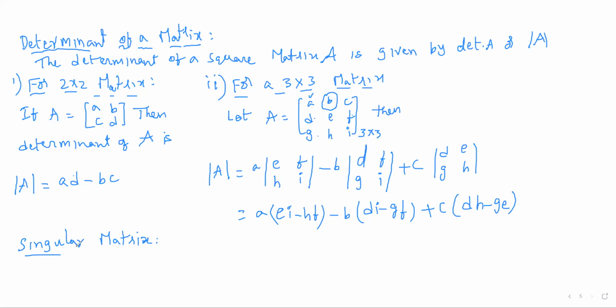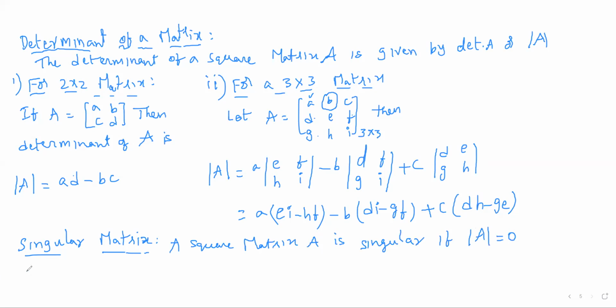That is what I have written here: a square matrix capital A is singular if the determinant of capital A is equal to 0.